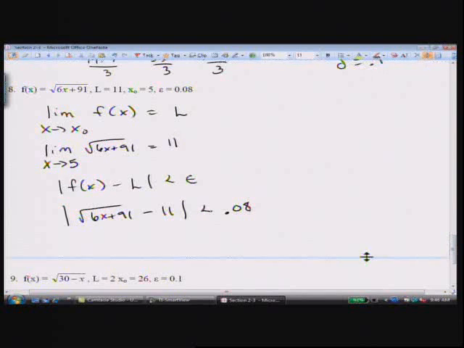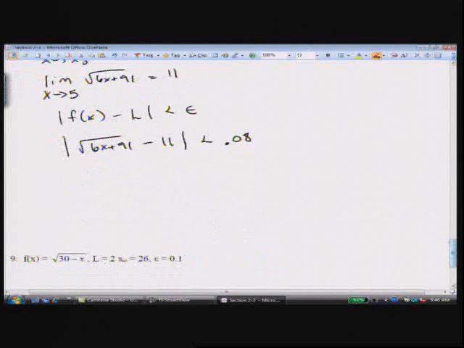Everybody okay? All right. And so then what does this mean? Sandwich it in between negative 0.08. So negative 0.08 is less than the square root of 6x plus 91 minus 11, which is less than 0.08.